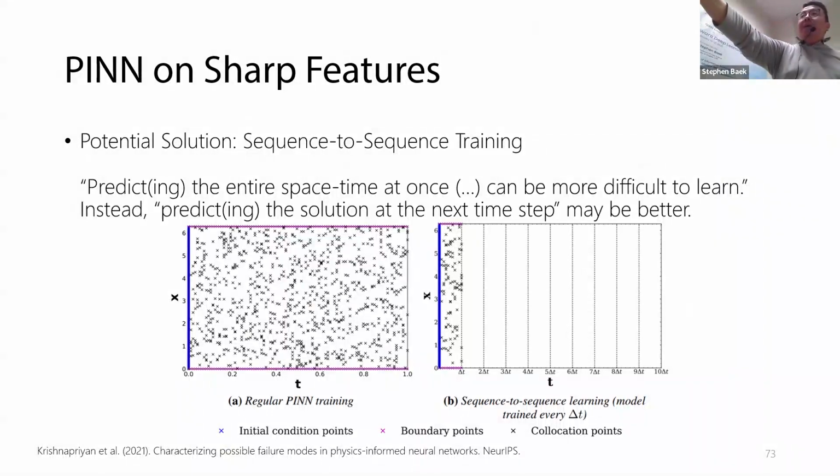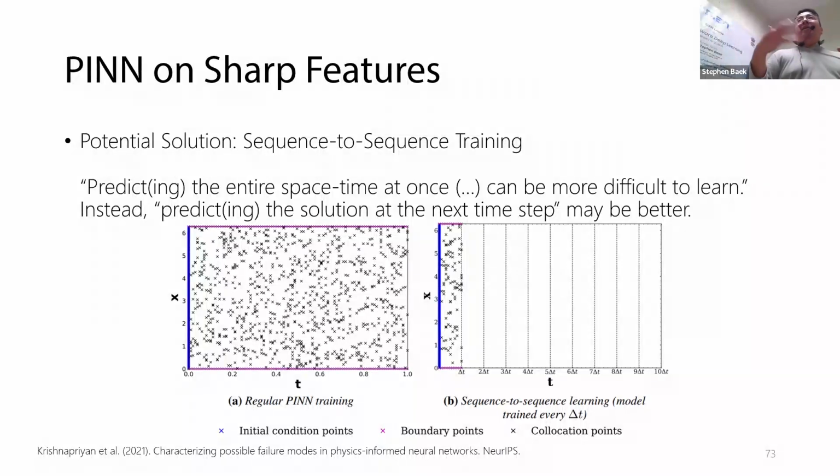So you make a prediction for the first small delta t, and from that prediction you can have an idea of where the sharp features exist. Then when you do the next prediction for the next delta t, you add more collocation points near those sharp features, and you repeat that process.